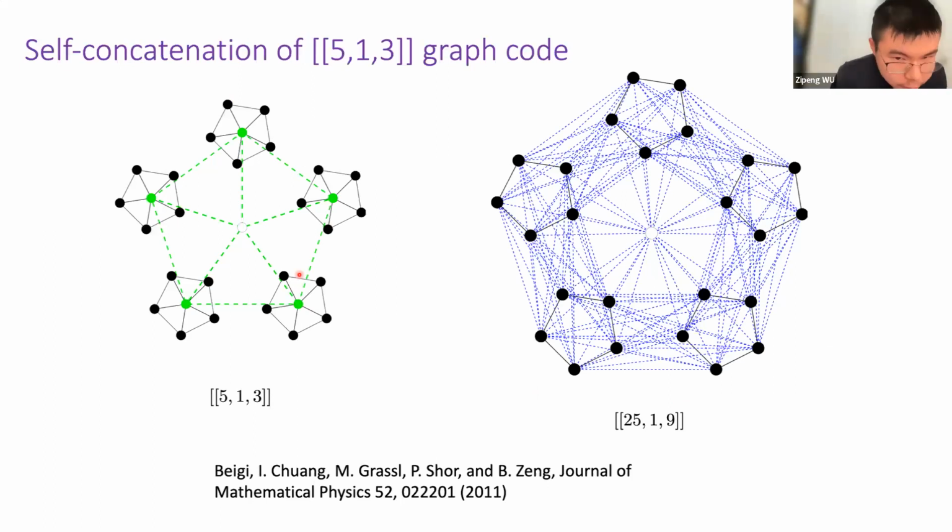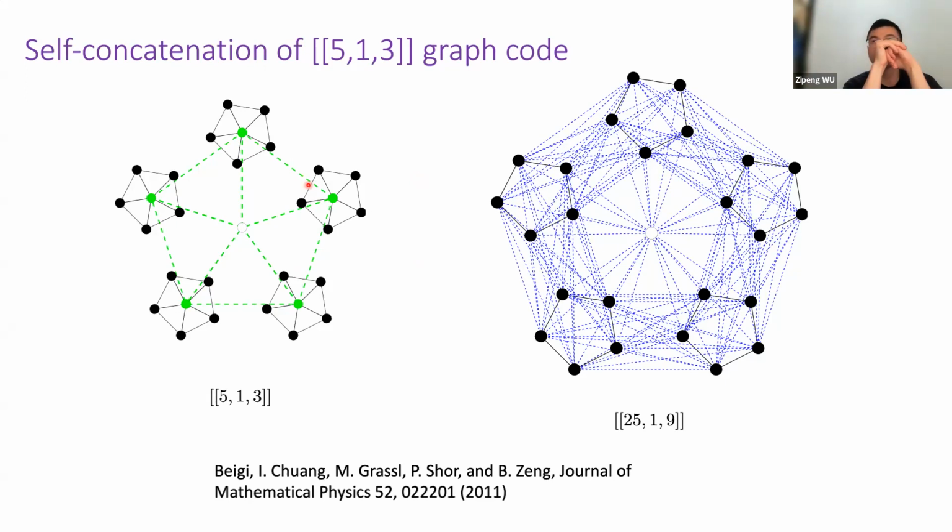Prior to our work, there was the work by Beigi and others. They developed a method to describe the concatenation of graph codes. Basically, suppose you have an outer code and an inner code. The inner code has to be concatenated according to the Pauli X basis, which means that the CL that we choose has to be the Hadamard.